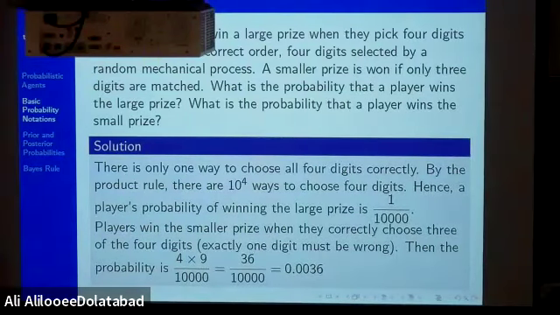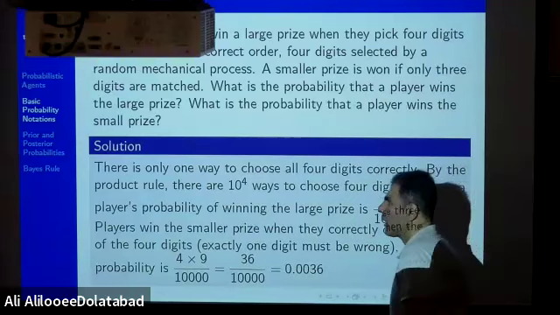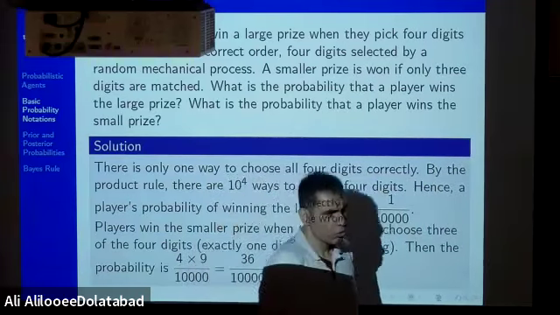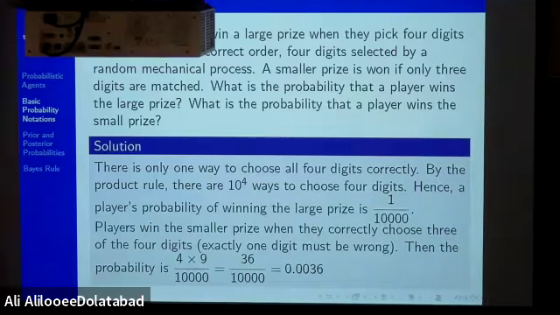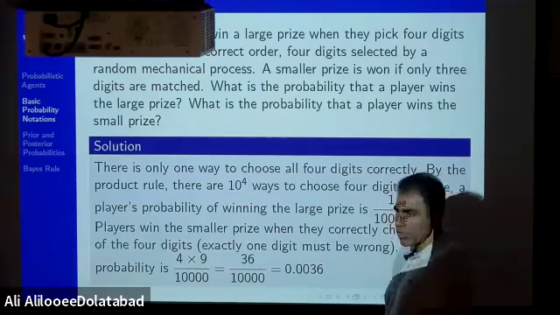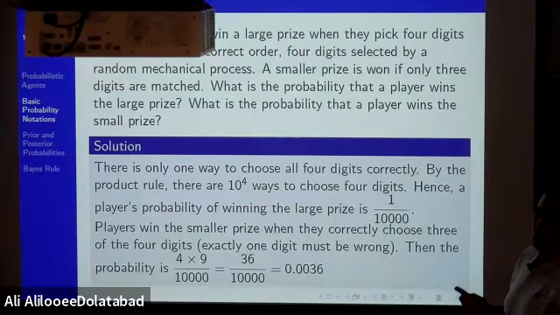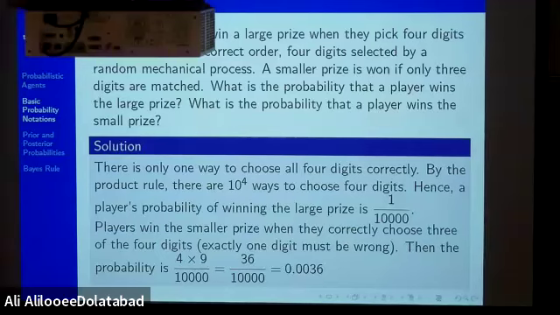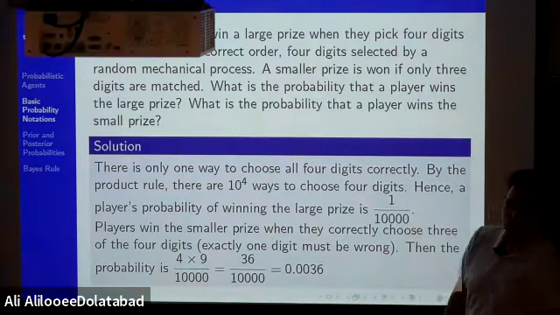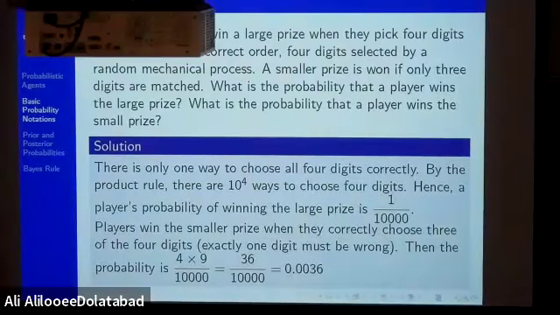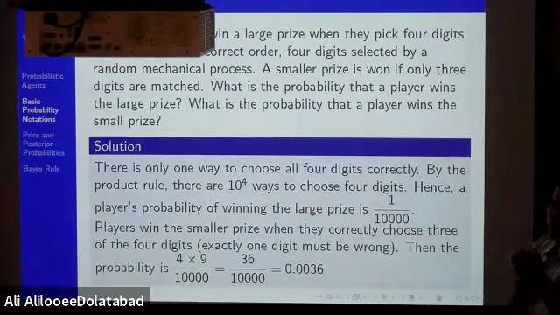Suppose, for example, the specific number that gives the large price to the winner is 2314. Then for the first digit, you have just one possibility, which is 2. For the second digit, you have just one possibility. For the third, the same. For the fourth, the same. Therefore, you have just one outcome for the case that you want to give the largest price. In this case, the probability is 1 over 10,000.